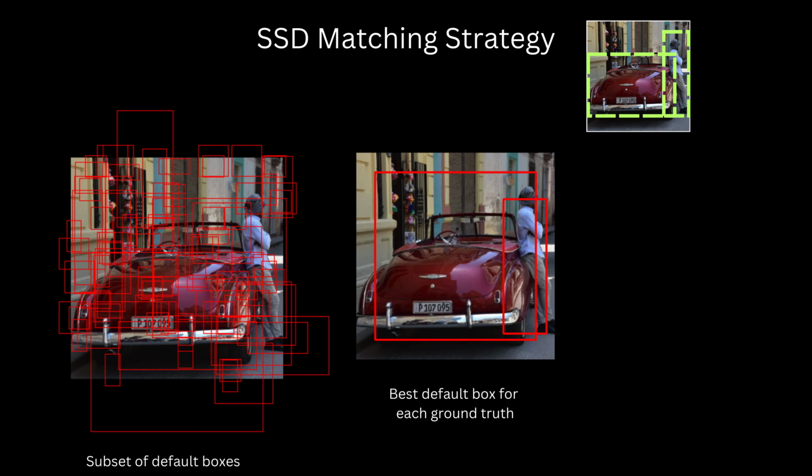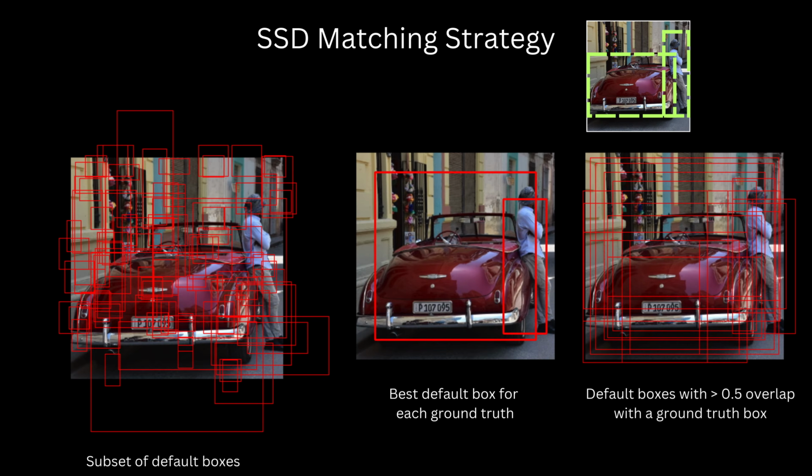Note that while looking for the best, we aggregate default boxes of all feature maps of all scales and aspect ratios. Additionally, they find all reference boxes which have greater than 0.5 overlap with any ground truth box. Those are also labeled as foreground. These are matched to the ground truth box with which they have the highest overlap.